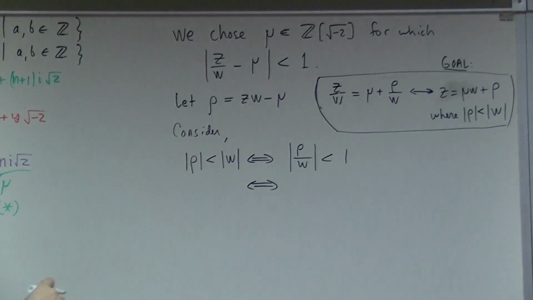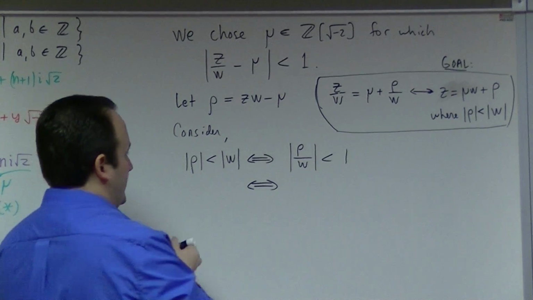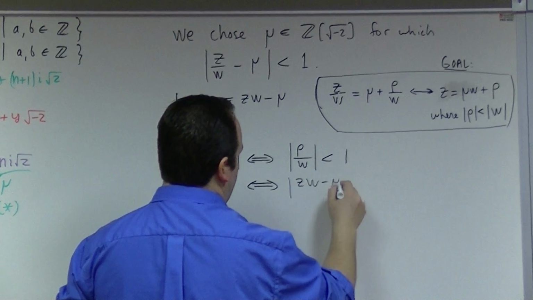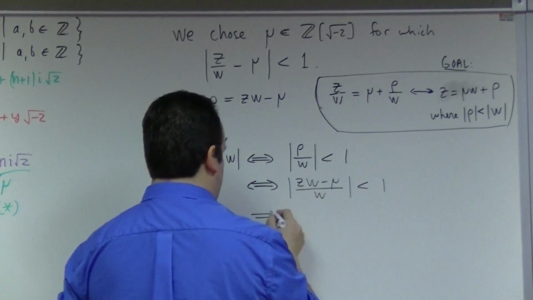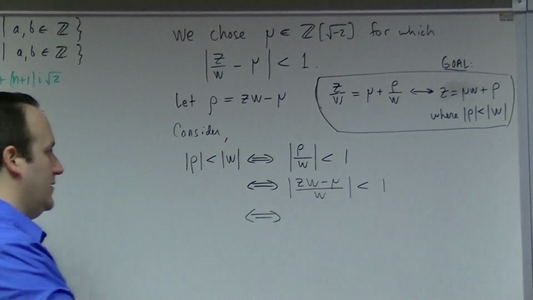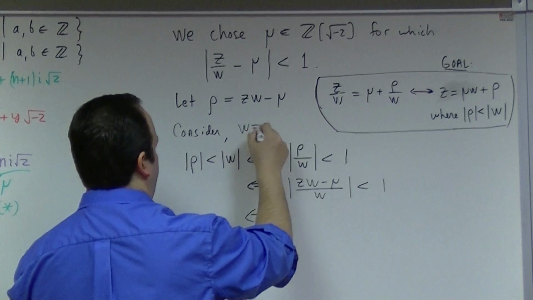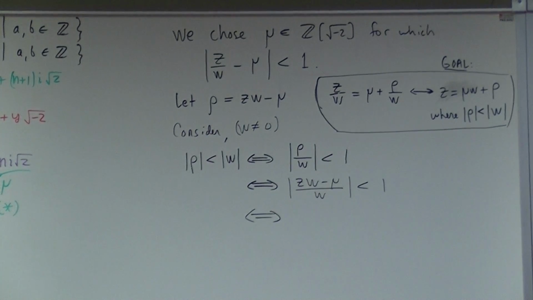But you could trade that for what? We just defined rho. Well, let's trade on. So that's the same as z w minus mu over w less than 1, which is interchangeable with what? By the way, I know that w is not equal to 0 in all this, right? That's assumed at the outset.